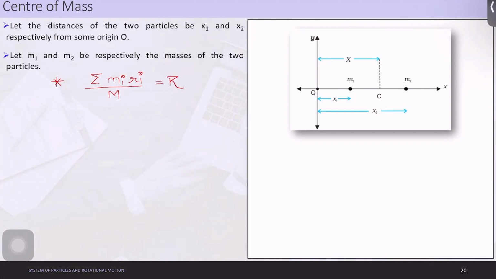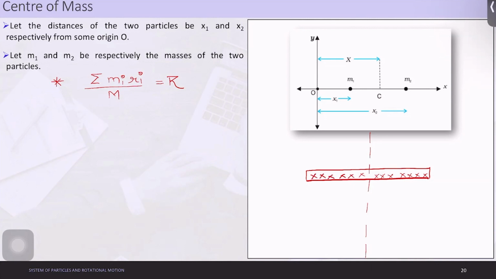Okay, now let us assume, how do I explain it? Let us assume that there was a log of stick here. Okay, and I assume the origin to be at this place, right? So there will be many system of particles in this direction, correct? Let us say these are nothing but system of particles. Majority of particles are here, and similarly there will be some particles in this direction also.